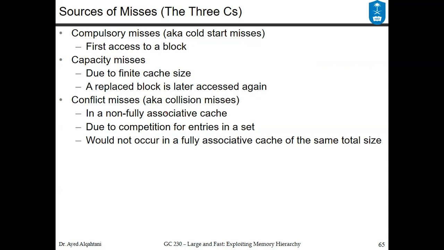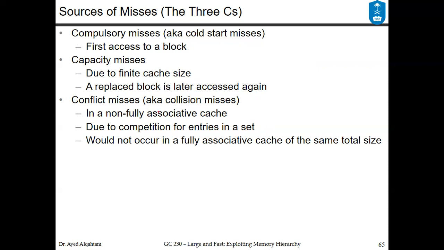The conflict misses, or the collision misses, occur in a non-fully associative cache, meaning the direct map cache or the set associative caches. You have a conflict miss due to the competition for the entries in the set. So there is a space in the cache, but you cannot access this space because you are limited within a set or within a block.